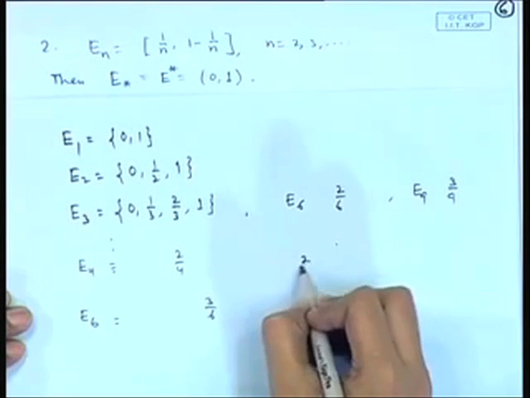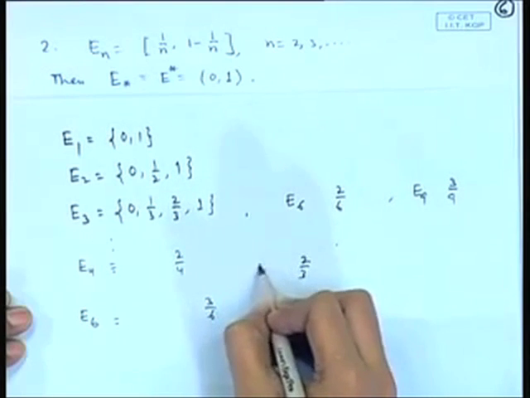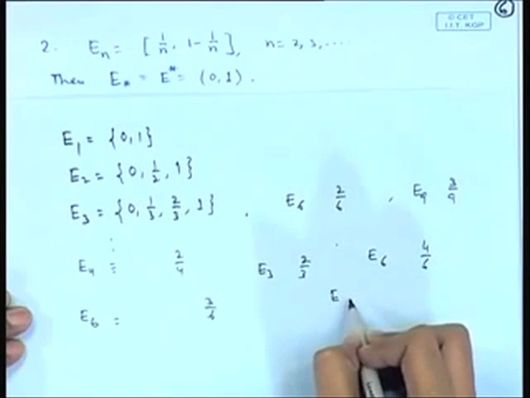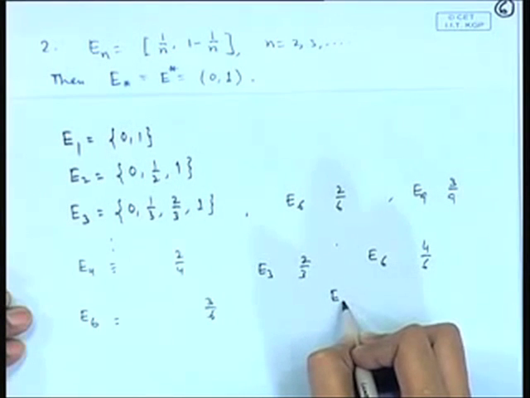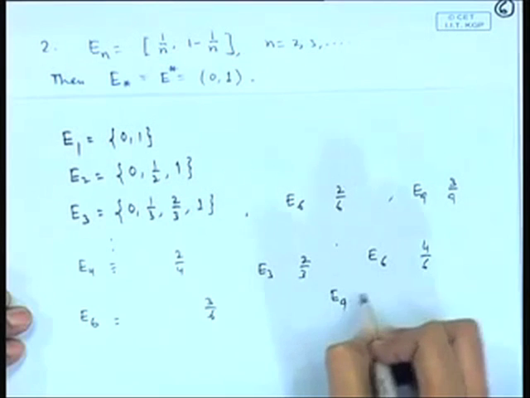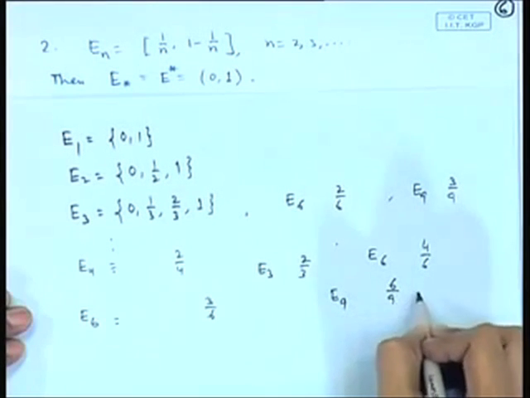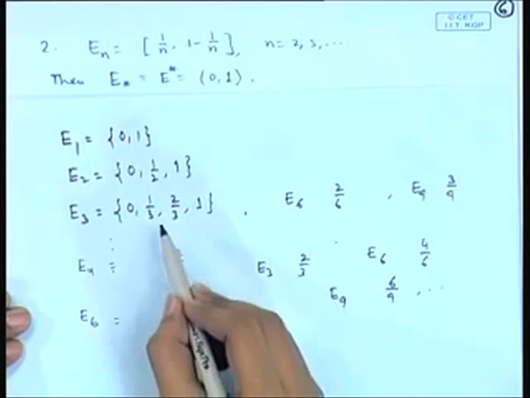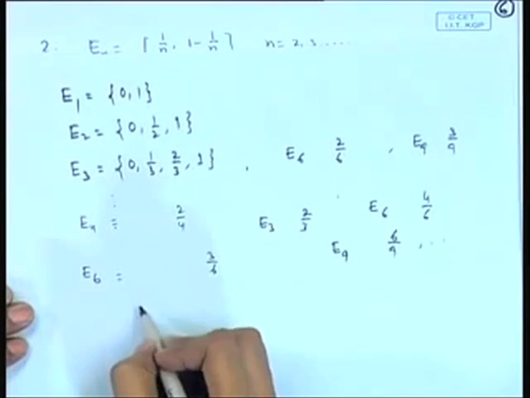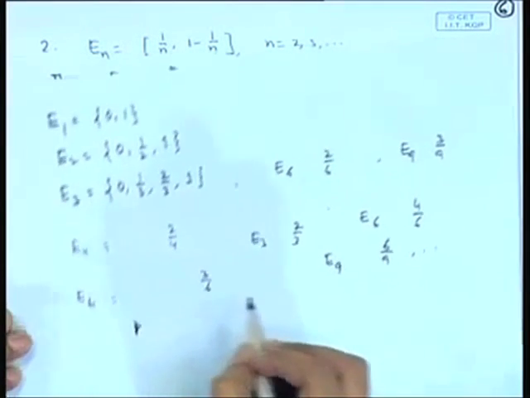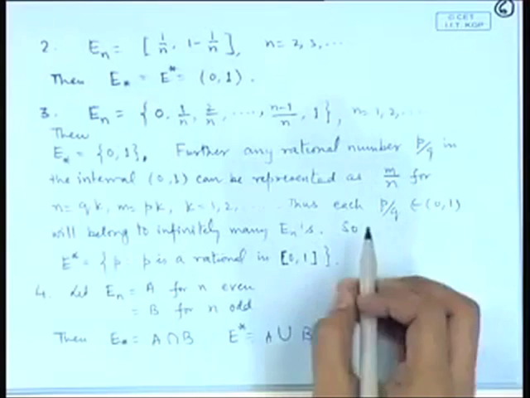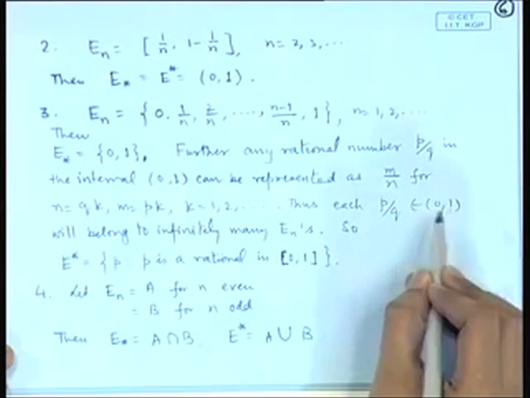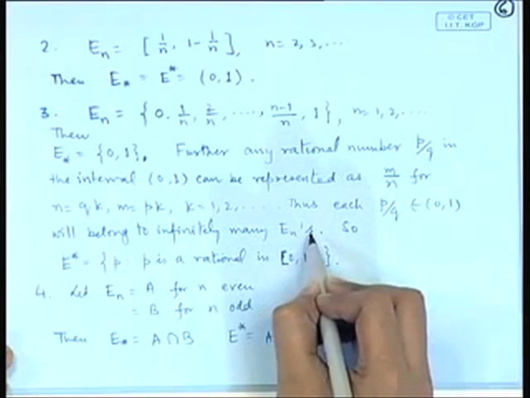Suppose we consider the point 2 by 3. Then it belongs to E3, it will again belong to E6 as 4 by 6, and to E9 as 6 by 9, etc. Therefore, we conclude that all the rational numbers of the form P by Q in the interval 0 to 1 will belong to infinitely many of the En.